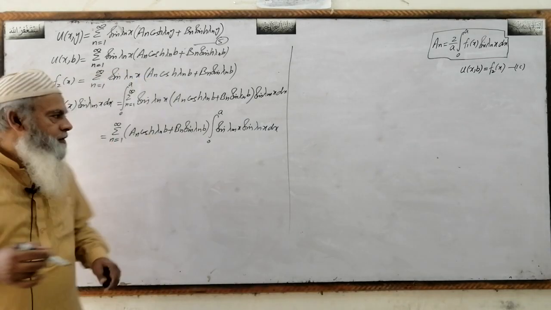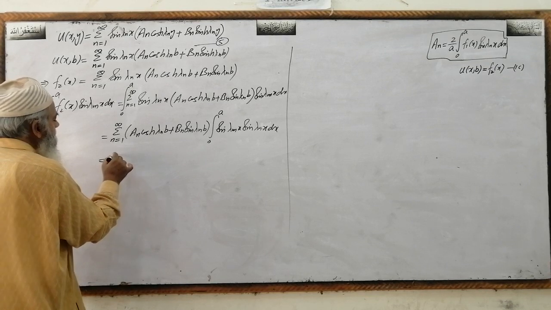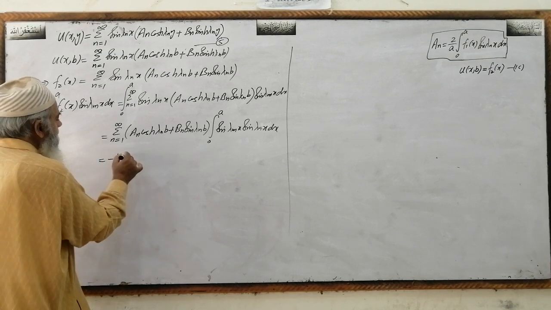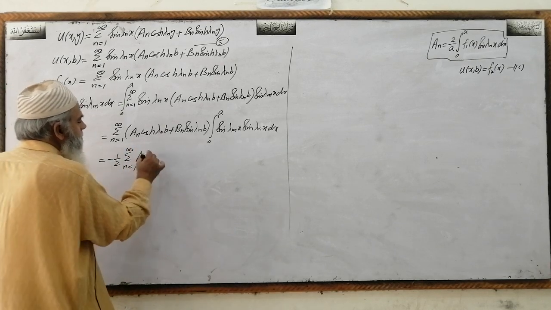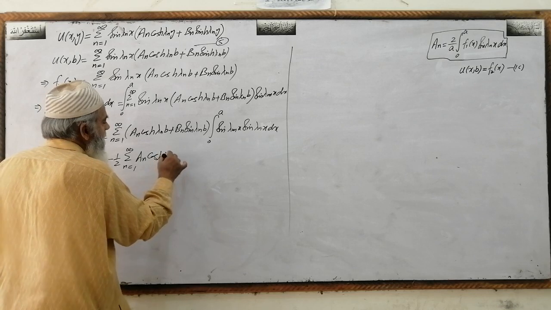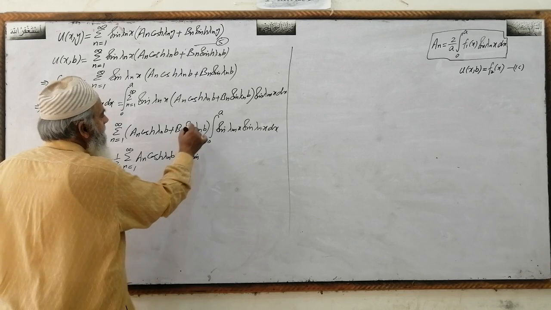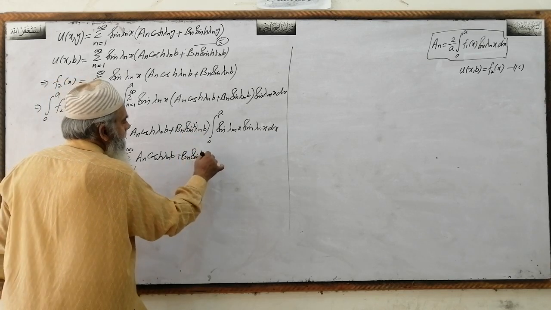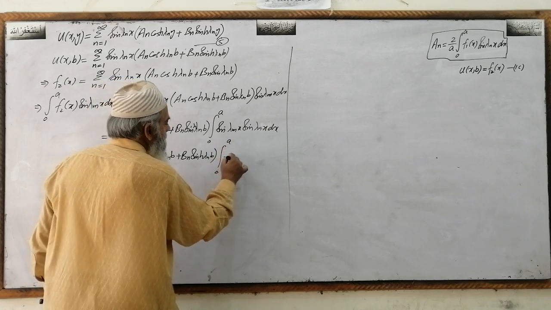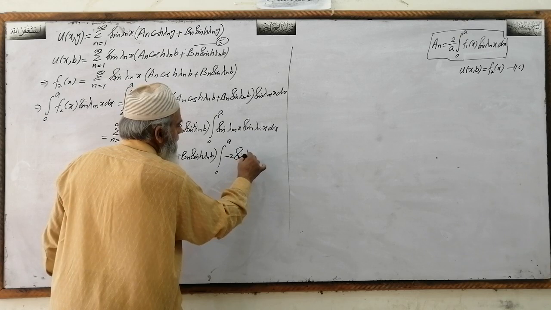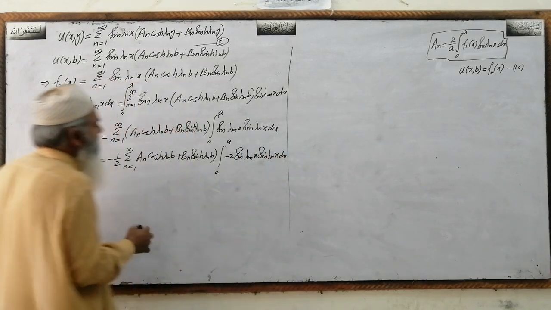For that purpose, as we did in finding an, divide and multiply by -2, we will have sigma n varies from 1 to infinity [an cosh lambda n b plus bn sinh lambda n b], integral 0 to a of -2 sine lambda m x sine lambda n x dx.